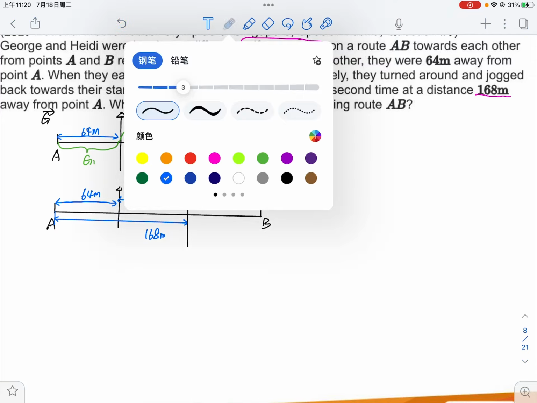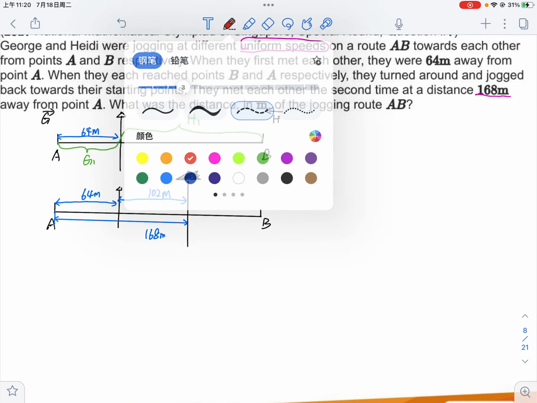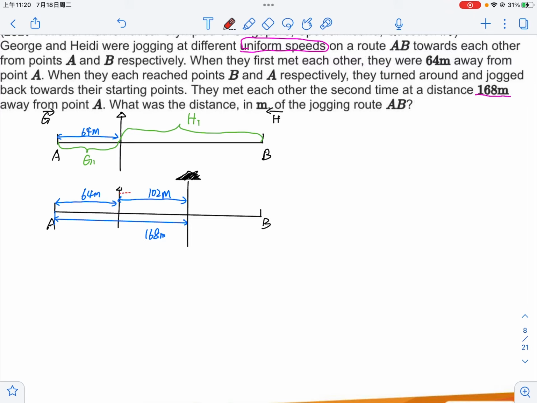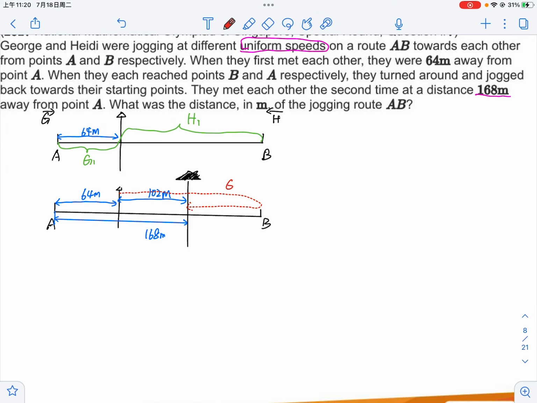Okay, for the second time they meet, let's use this dotted line. So it will be here. So this will be G2.